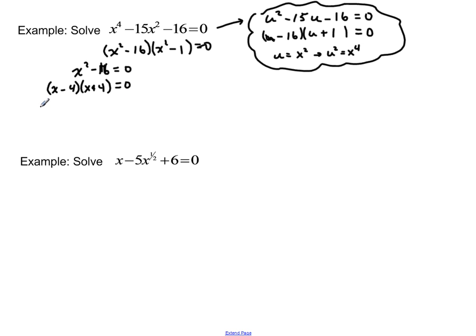And setting each factor equal to 0, we get x minus 4 is equal to 0, and x plus 4 is equal to 0, giving us the two solutions, x equals 4 and x equals negative 4.